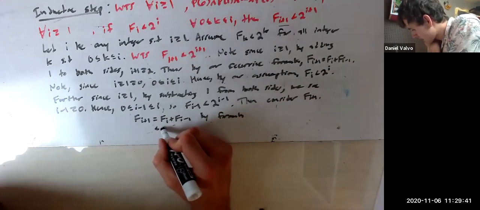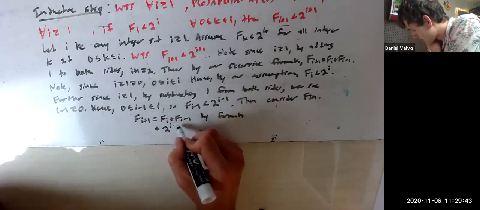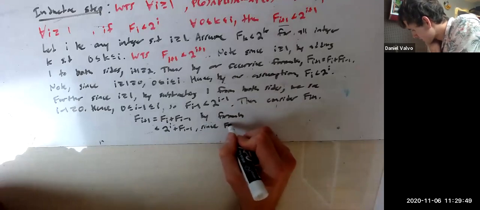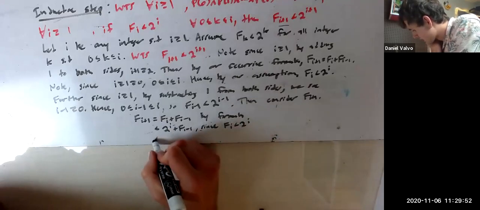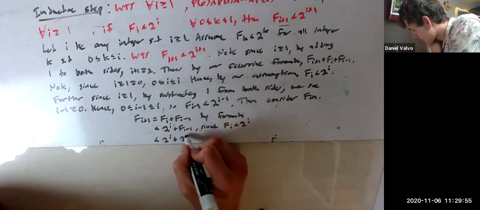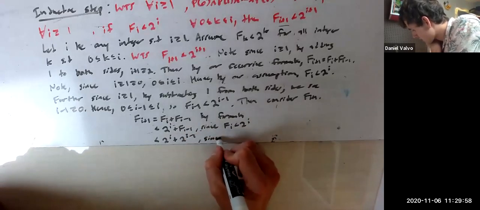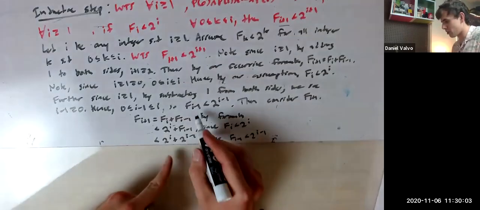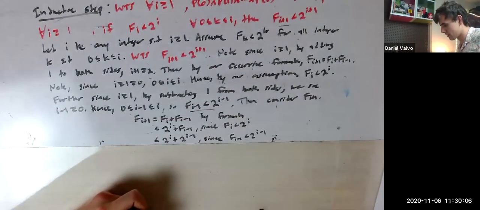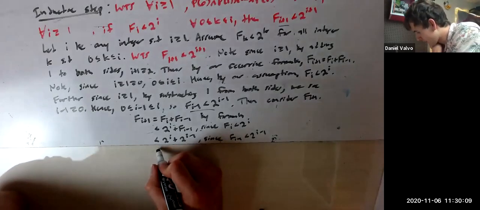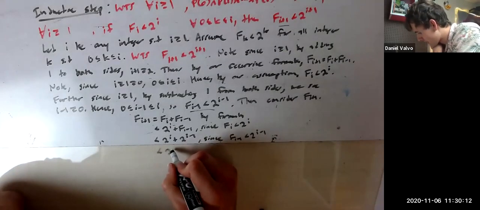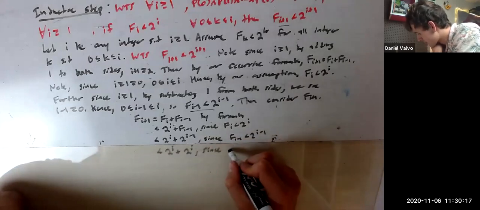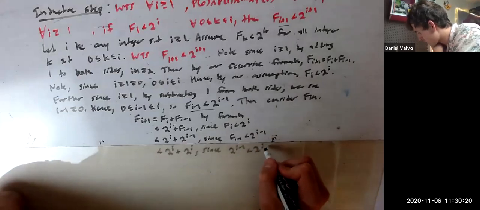But then that is less than 2 to the i plus f of i minus 1, since f of i is less than 2 to the i. And that's less than 2 to the i plus 2 to the i minus 1, since f of i minus 1, we just said, is less than 2 to the i minus 1. And then this is less than 2 to the i plus 2 to the i, since 2 to the i minus 1 is less than 2 to the i.